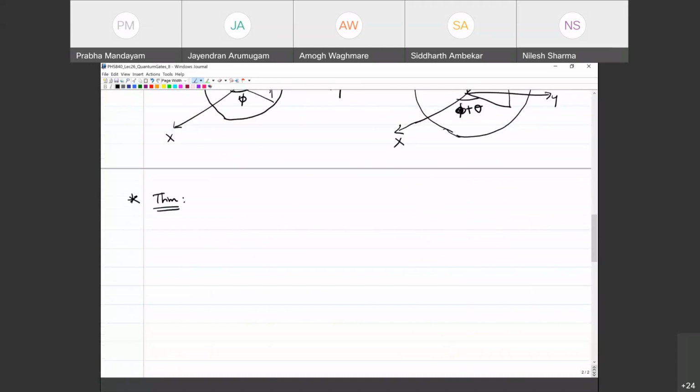So maybe I just call this decomposing single qubit gates as sequences. When I say a sequence in the practical sense or in the circuit sense, in the matrix sense, this is a product, right? So products of rotation gates.